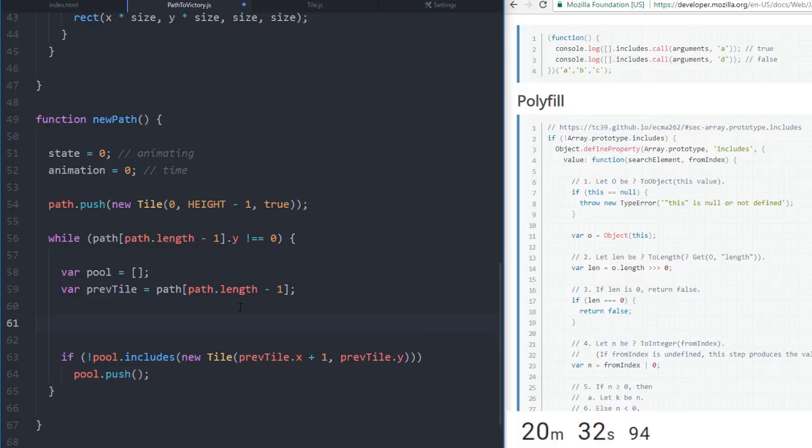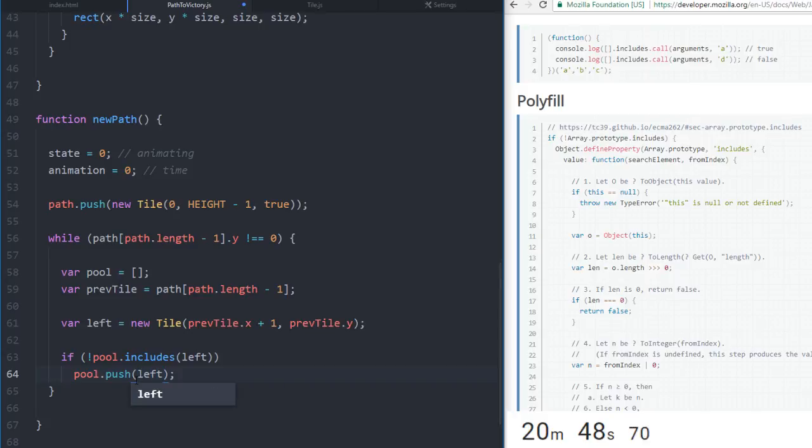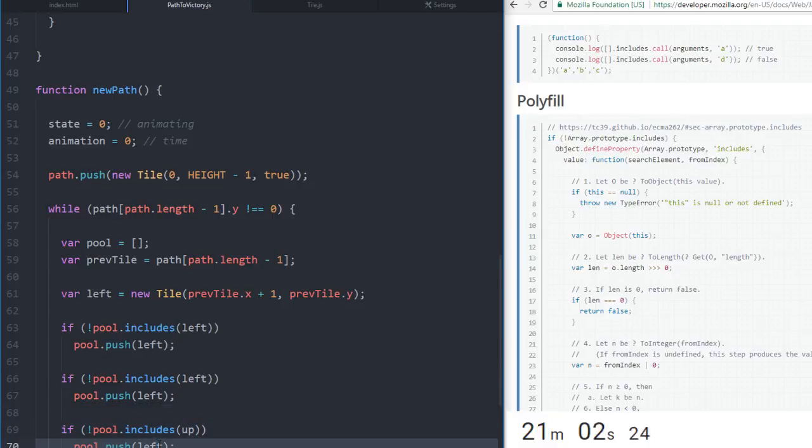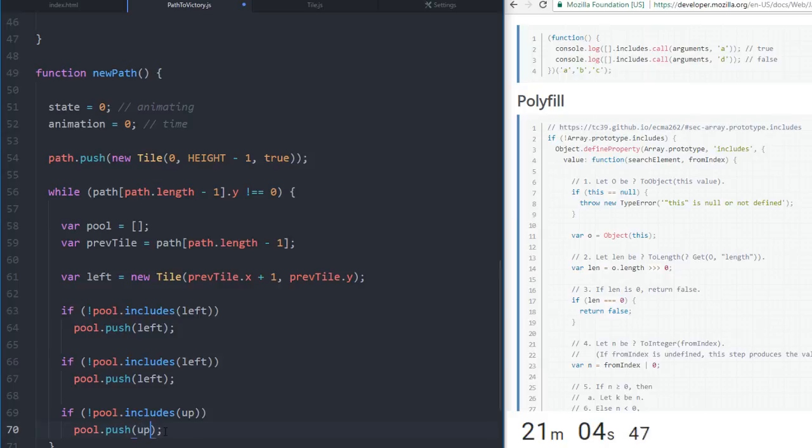Here we'll say var left equals this. Extra parenthesis. Left, pool dot push left. If pool dot includes, here we'll just copy and paste this. Pool dot includes right. Up. Push up.